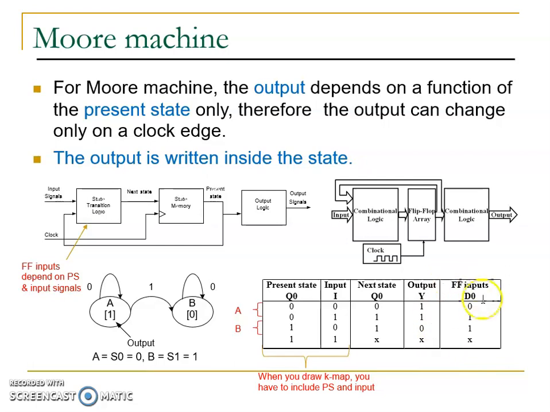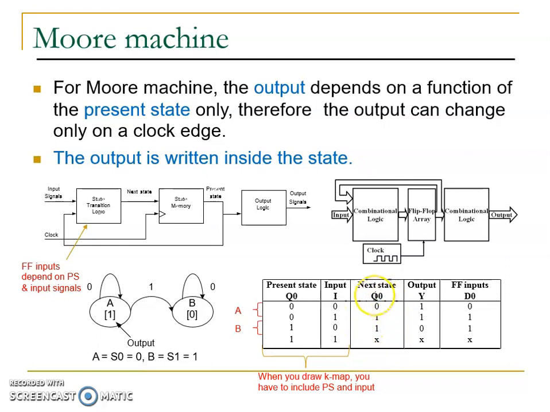And then this one is the flip-flop inputs. For example, we use D flip-flop. So this one, we can fill in by referring to the excitation table. It's like the counter. Usually for D flip-flop, we can simply copy and paste from the next state.